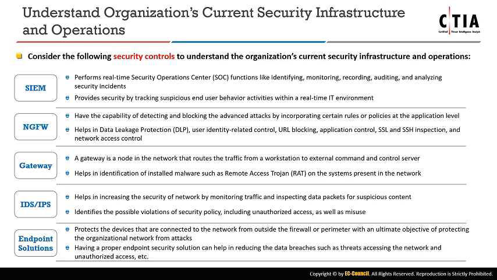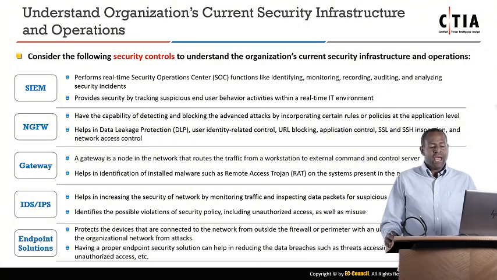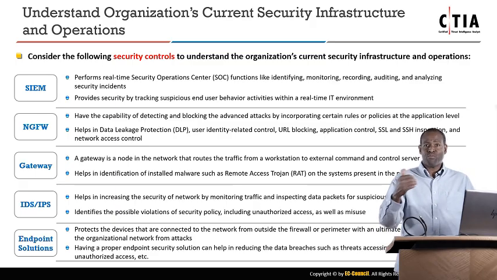So it helps in DLP, which is data leakage prevention, user identity related control, because you can manage identity through most next generation firewalls, URL blocking, application control, and a lot of these NGFWs have application reverse proxies. So you can reverse proxy back into your organization and isolate application authentication and security from the internet. They have SSL and SSH inspection and network access control.